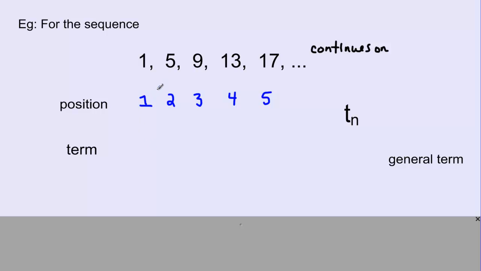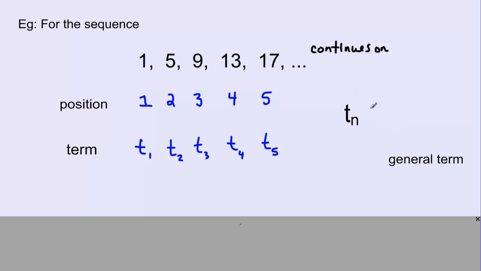So number 1, not only is it in position number 1, but we call it term number 1, and we write the letter t subscript 1, which represents the first term in the sequence. Number 5 is the second term in the sequence, so we would call it t2. And number 9 would be t3, and so on and so forth. So if I asked you, what is t5 in this sequence, you would simply say 17.